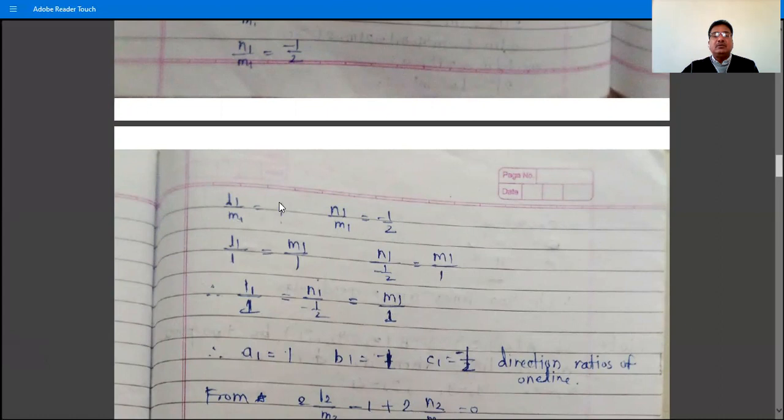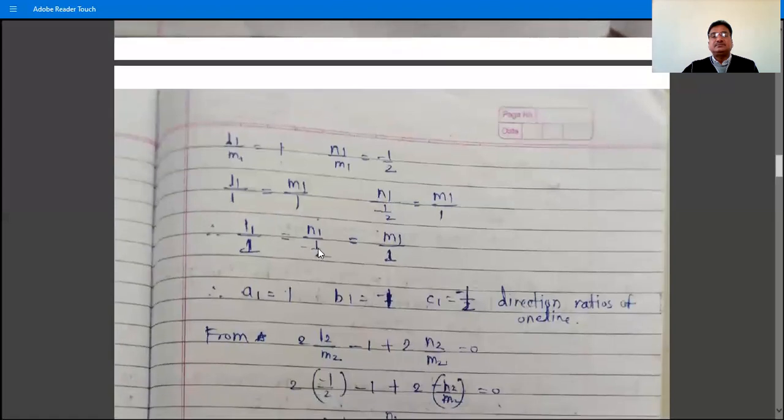So shift this m1 to the RHS. What do we have? l1 by 1 is equal to m1 by 1, and shift this m1 to the RHS and minus 1 half to the LHS. So what do we have? n1 by minus half is equal to m1 by 1, and then we have the equation l1 by 1 is equal to m1 by 1. m1 by 1 is equal to n1 by minus half.